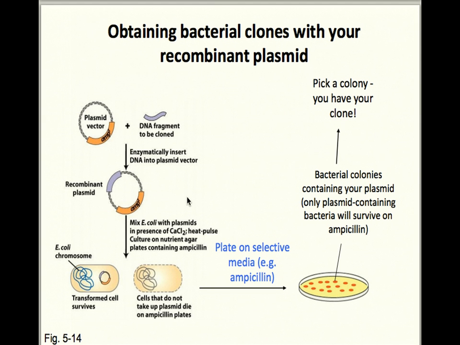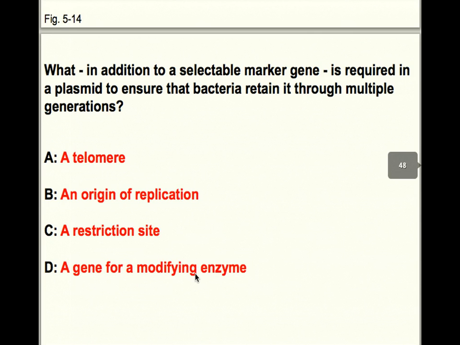E. coli do not readily take up DNA. You have to do all sorts of tricks, shock them with electricity, just apply stress to them somehow so they want to go out and grab DNA. Only a few out of like your million cells in your culture, maybe 100 of them, will take up the plasmid, and you only want to look at those cells that have taken up the plasmid. So instead of going through and looking at each cell and sequencing its DNA to find out which ones took up the plasmid, you can just select for it using media with that antibiotic in it.